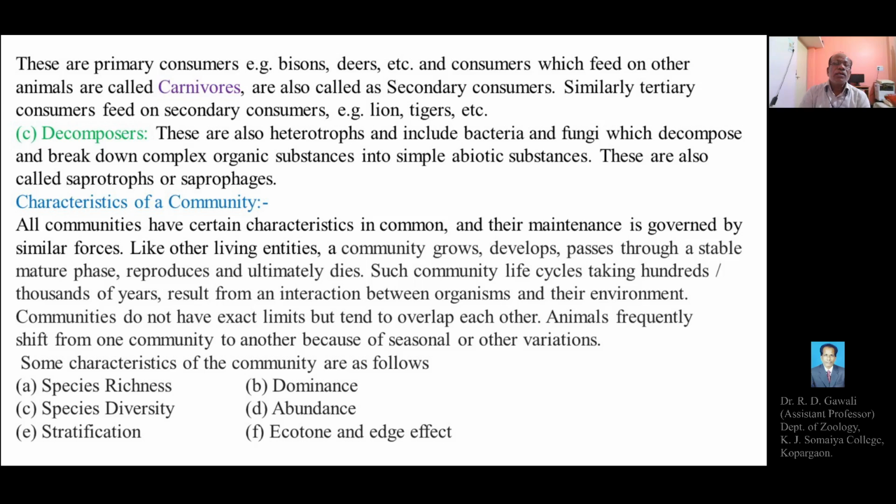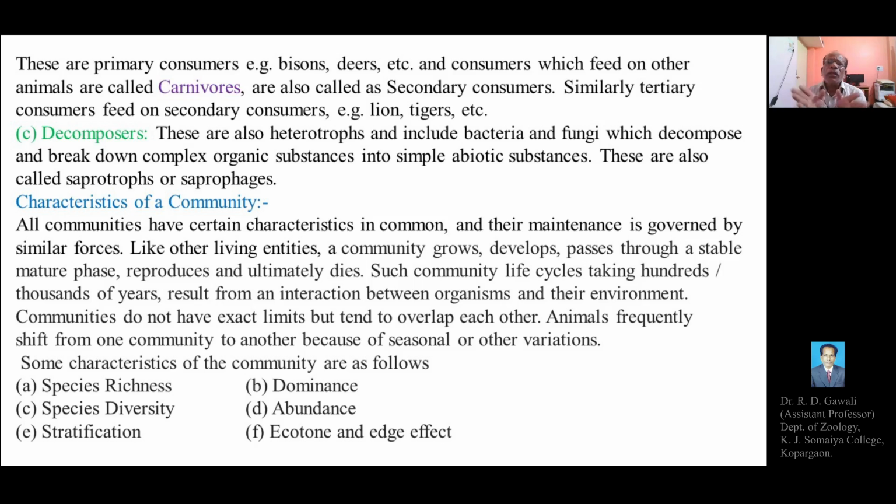These are some of the important characteristics of the community.